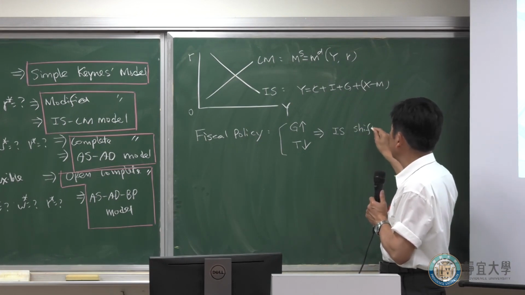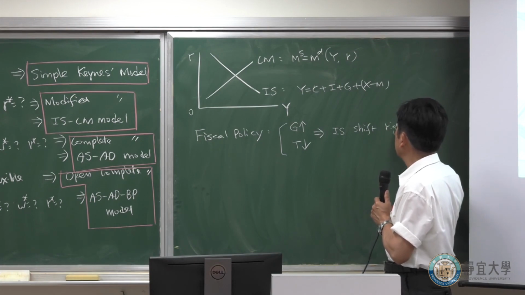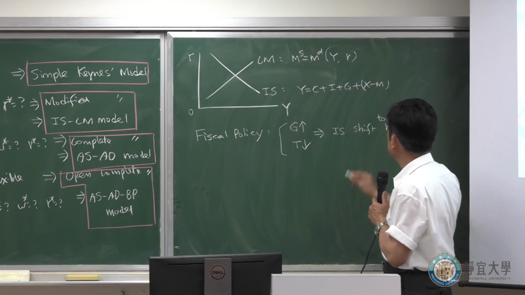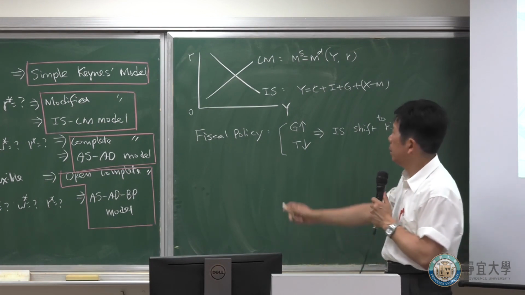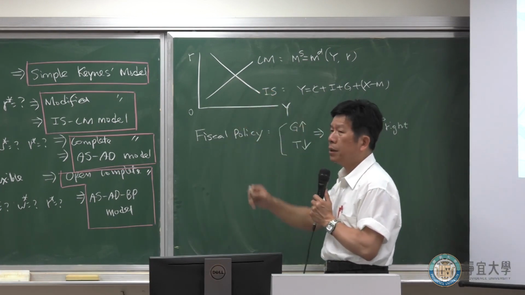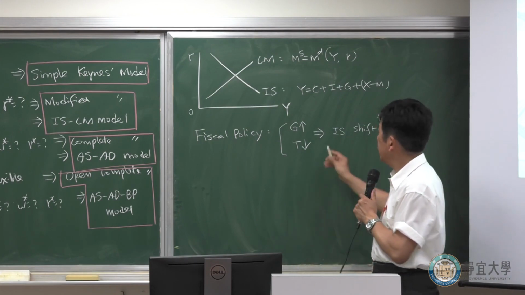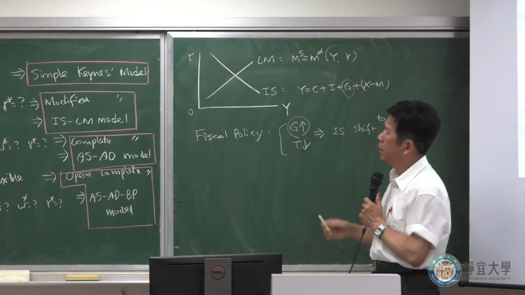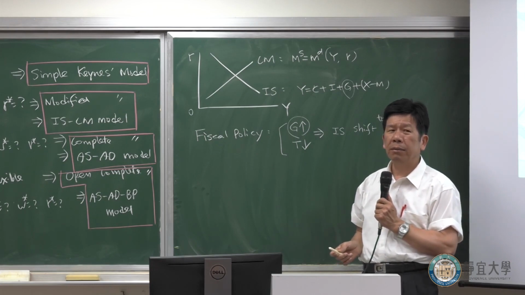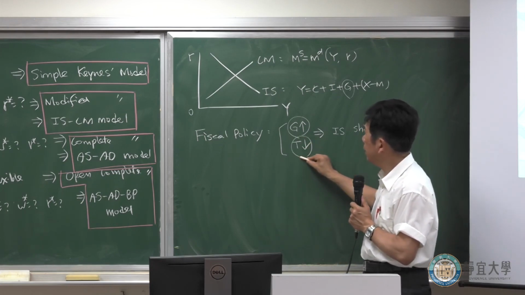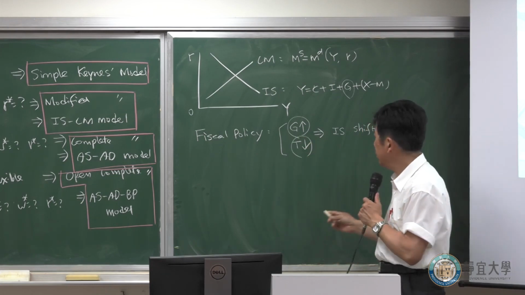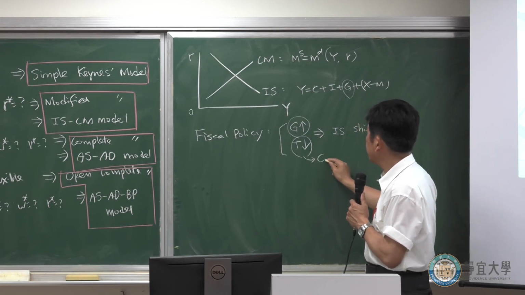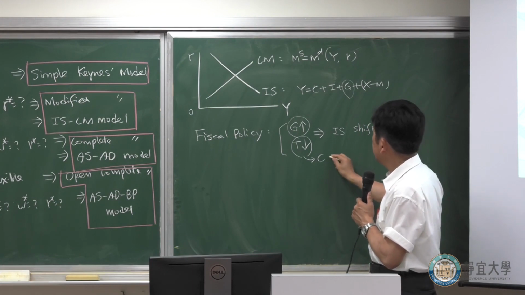This is what we call fiscal policy. Here you can look, Z is here, and how about T? T has some relationship with consumption.